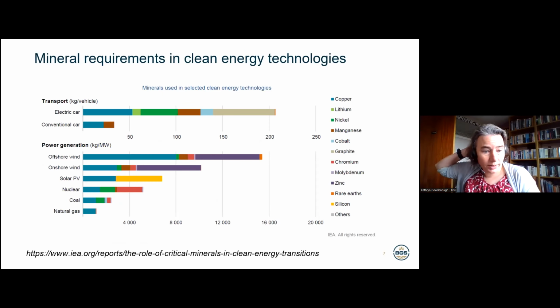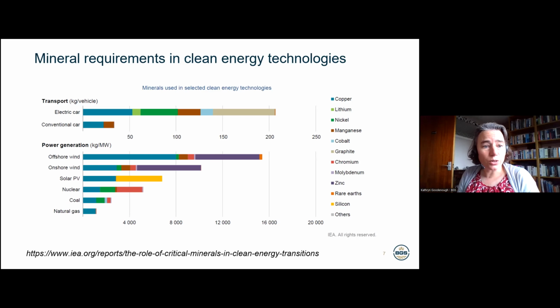And this is from an International Energy Agency report about the role of critical minerals. And it just illustrates how much more we need in terms of minerals for clean energy technologies. Now, this diagram is slightly skewed because it doesn't show steel or aluminium, which are actually the biggest components of any of these technologies. And they, of course, are needed in both the conventional technologies and the new clean energy technologies.